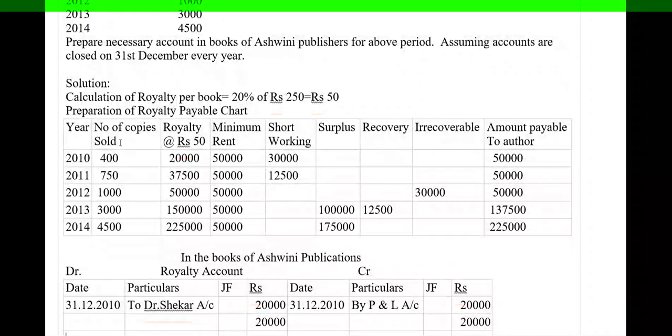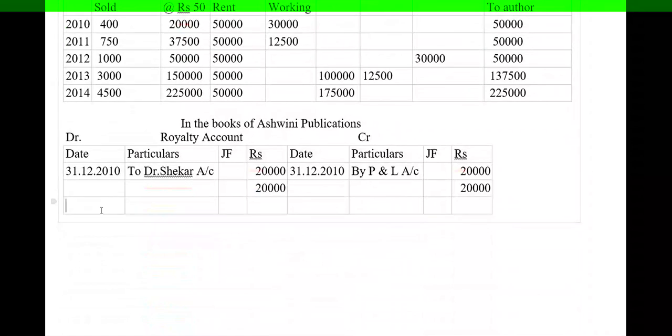Then the next year, the royalty is payable on 31st/12/2011. When the royalty is payable, the entry will be royalty account debited to Dr. Shekhar's account. So the royalty payable will be 37,500.